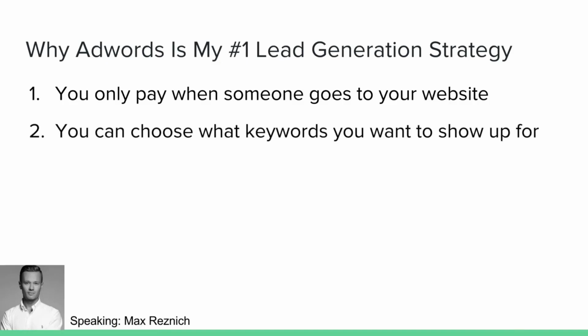So the second thing is you can actually choose what keywords you want to show up for, right? So if you do commercial roofing, you obviously wouldn't want to show up for residential roofers, right? Or gazebo roof replacement, anything like that. So you can really get very specific and tailor your campaign around the exact kinds of roofing you do, and you could show up for commercial roofers.